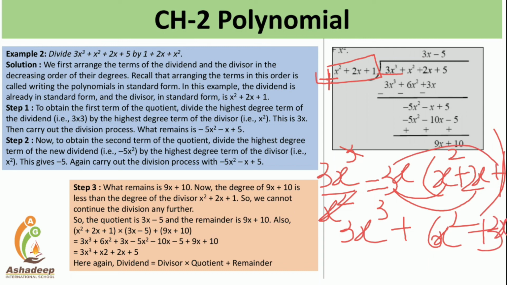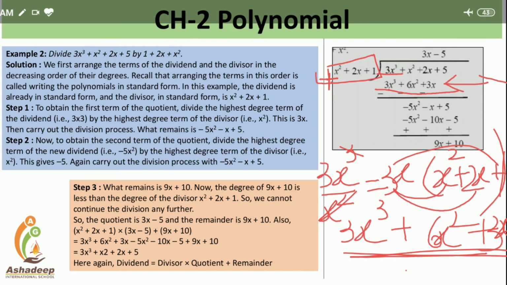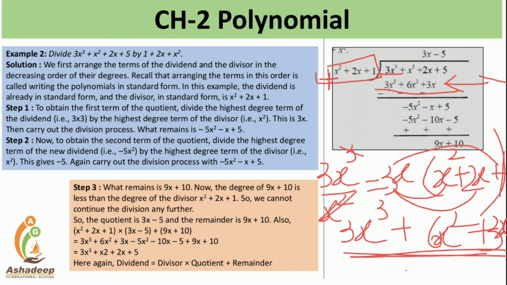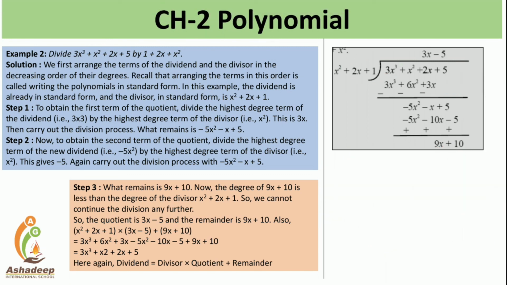So 3x cube plus 6x square plus 3x. This term I have to write down over here, right? Now what I have to do? Subtraction. Simple. I did it, subtract, and I will get this answer.